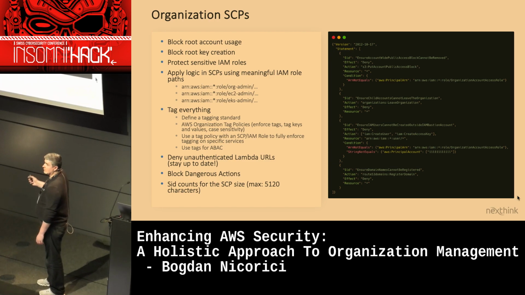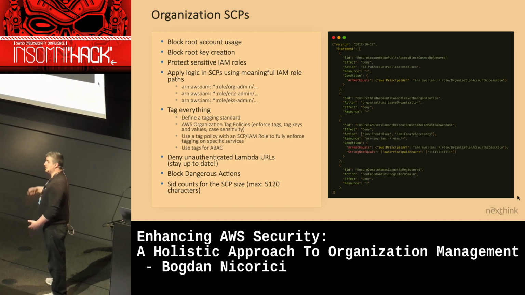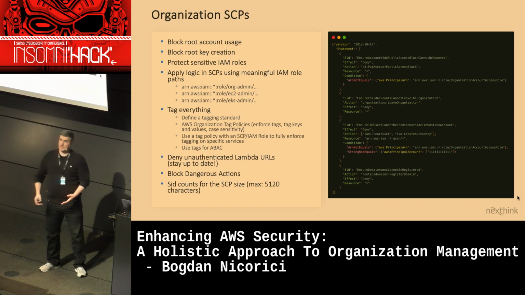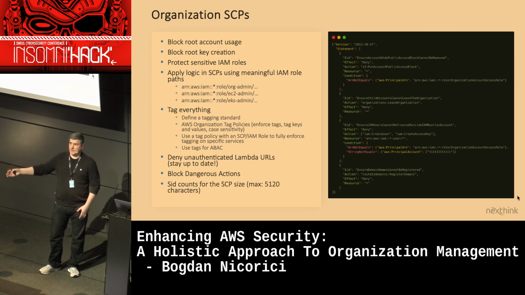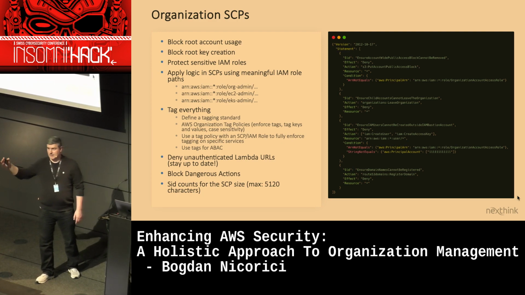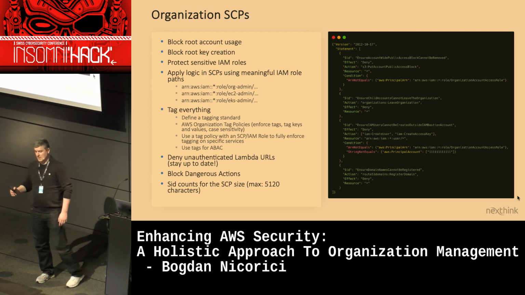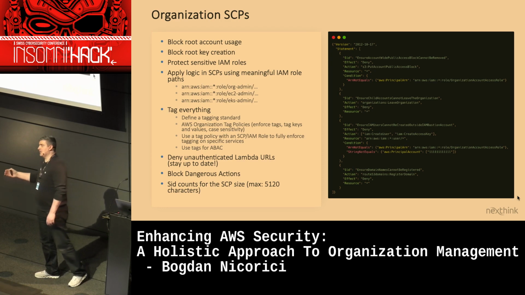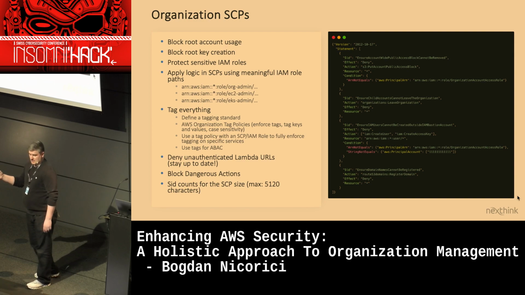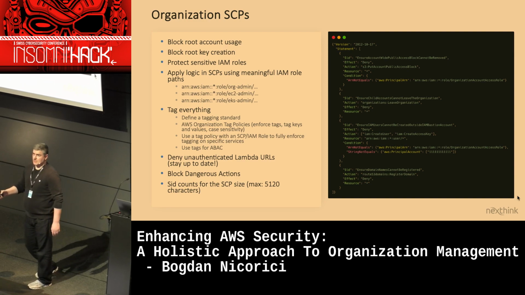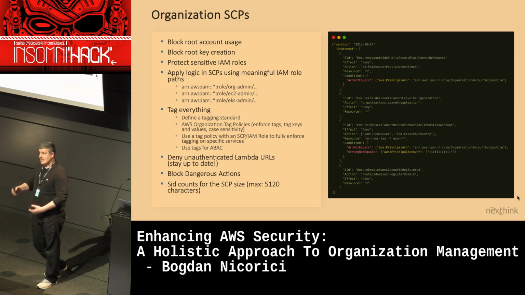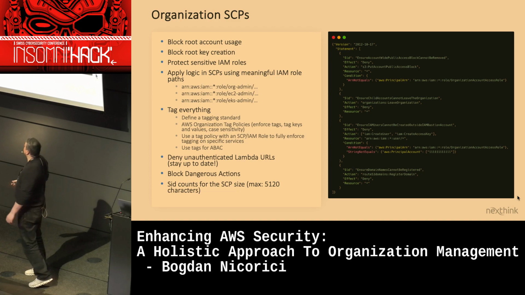They won't be able to perform these actions, which means that each time they need an IAM user, they have to reach out to the security team or do a pull request on the repository and say, hey, I need an IAM user, can you please create it for me? That way we know a new IAM user is being created, what it is used for, what permissions that user will have, and so on and so forth. So we have full visibility of what's being done, because they can't do it without our approval.